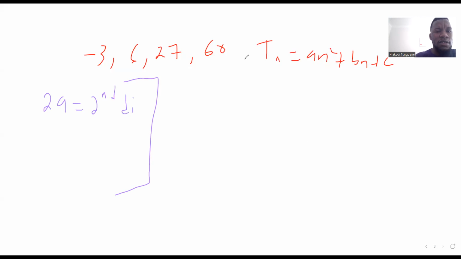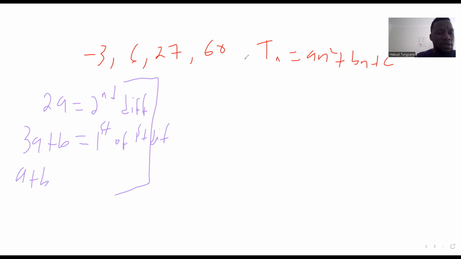The other equation is 3a plus b must equal the first term of the first difference. And the third equation is a plus b plus c must equal the first term of the sequence.